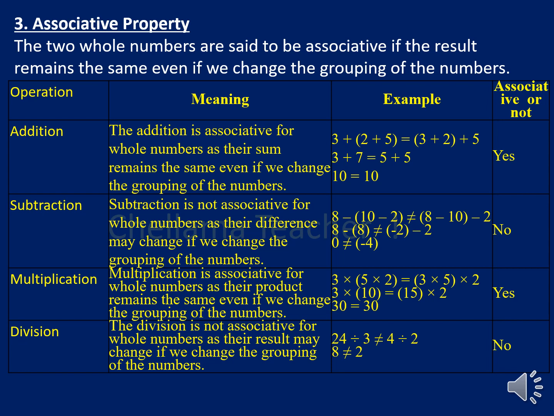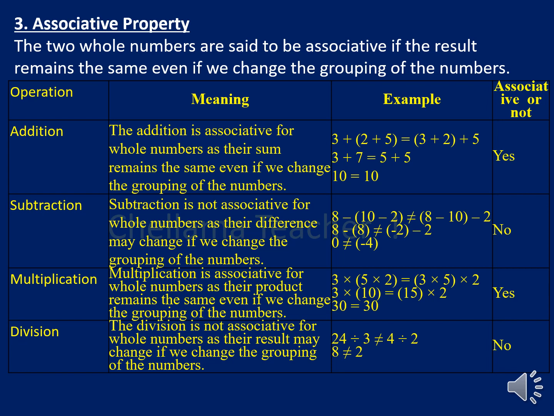Let us take subtraction. Subtraction is not associative for whole numbers as their difference may change if we change the grouping of the numbers. Let us take one example. (8 minus 10) minus 2 on one side, and 8 minus (10 minus 2) on the other side. As per the BODMAS rule, first we have to remove the bracket.